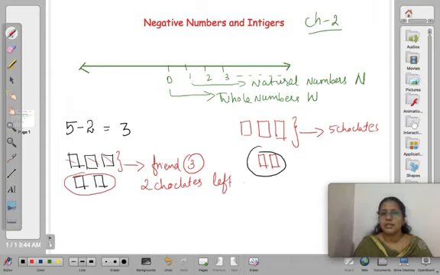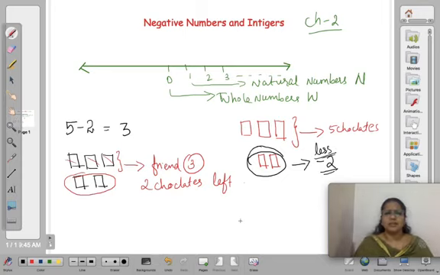So that less number is called an imaginary number, that is, you are imagining. If I have 5 chocolates in my hand, then only I can give that. Otherwise, how can I give? I have only 3 chocolates, so I need 2 more. So that less quantity is called the negative quantity. 2 chocolates is less, it is negative 2.